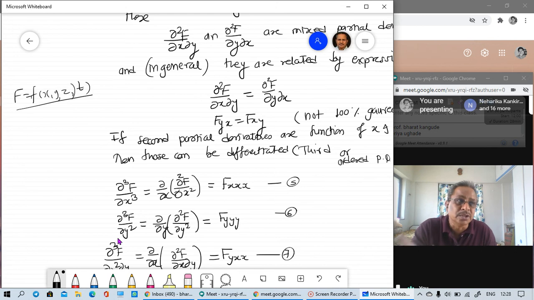So how many partial differentiations there are depends upon the order, and on how many independent variables the function F depends. Depending upon that, a large number of equations can be written.